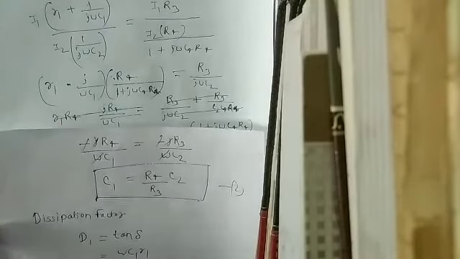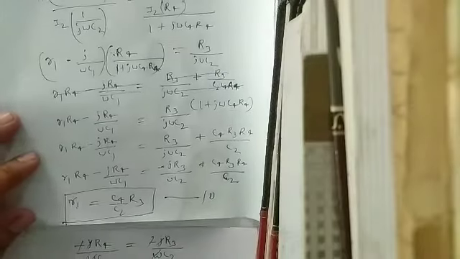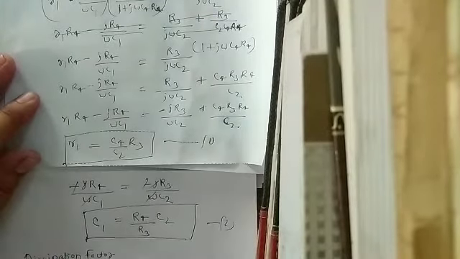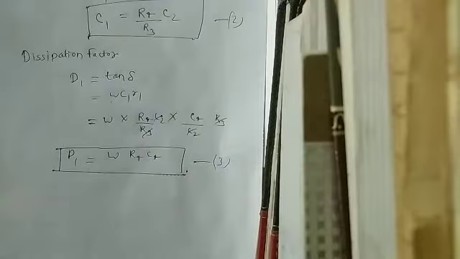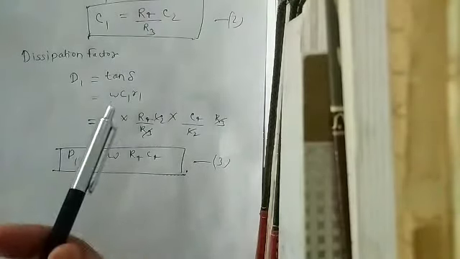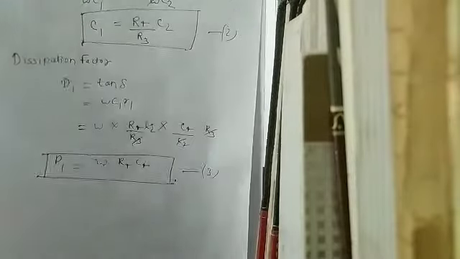With the help of the value of R1 and C1 we can calculate the dissipation factor, which is basically a phasor difference between I1 and I2, which is equal to D1, tan del, which is seen by phasor diagram.